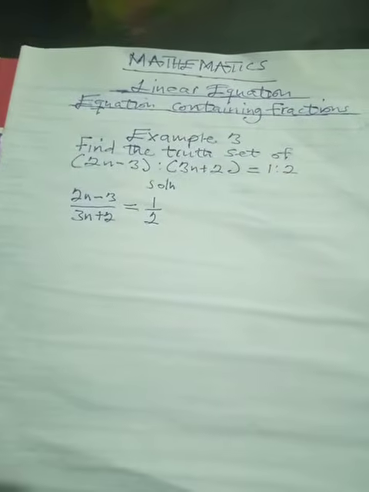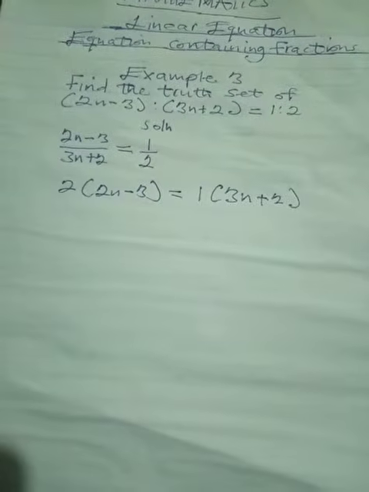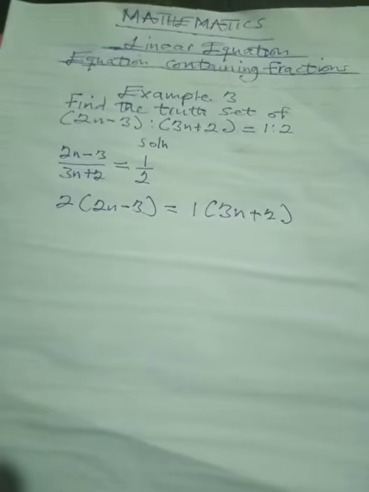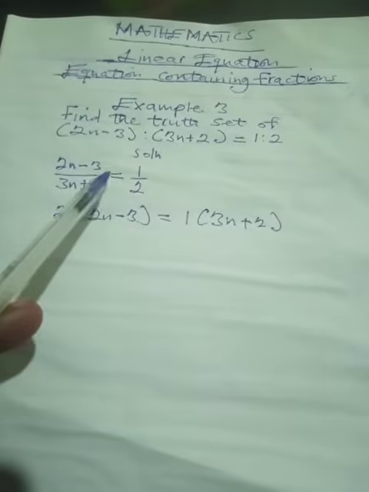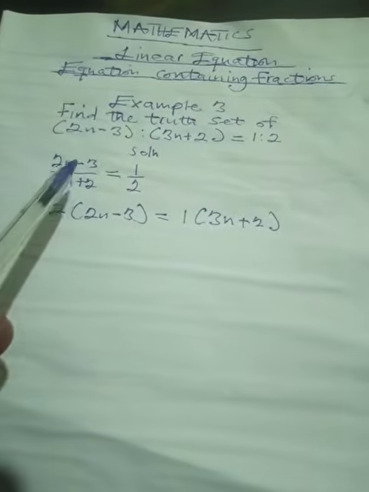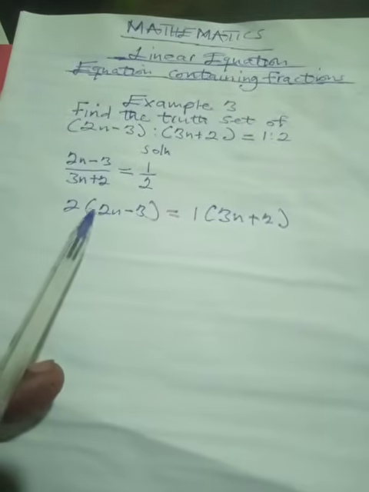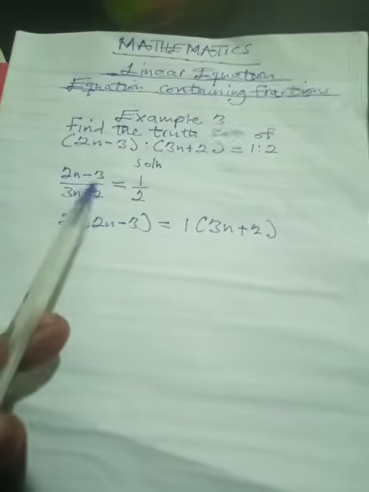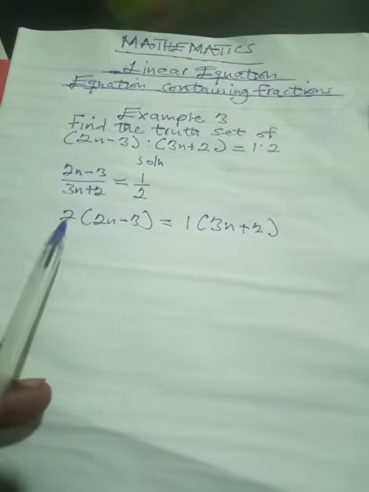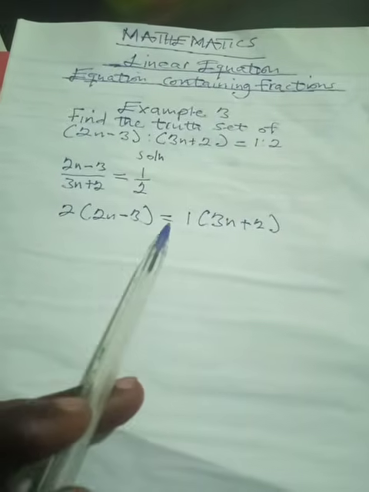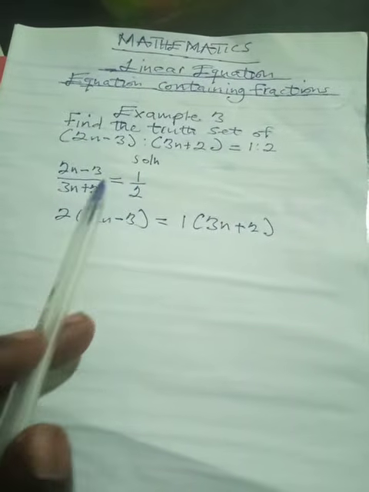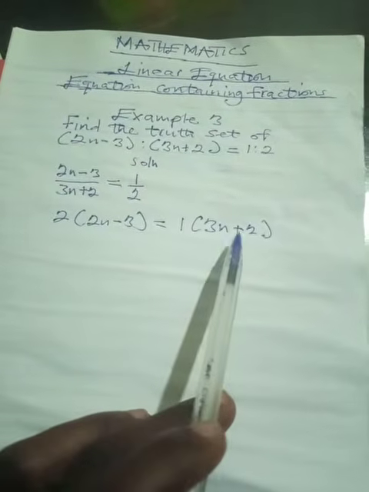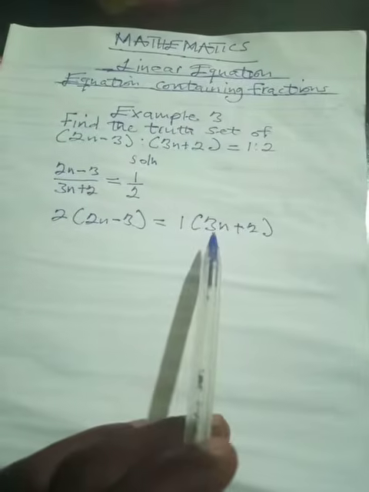If we do the cross multiplication, you get 2 multiplying 2n minus 3, equal to 1 multiplying 3n plus 2.